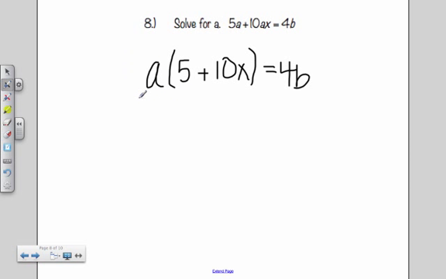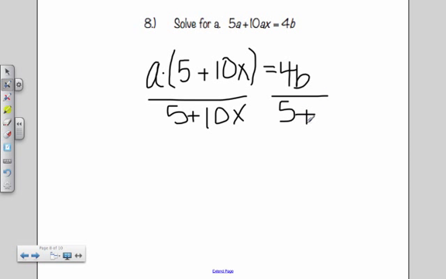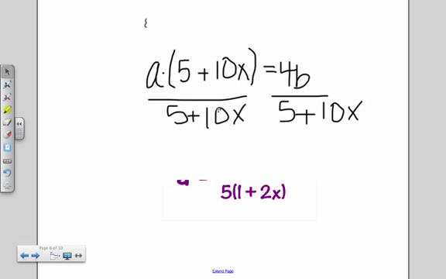Then, to get this a by itself, it's multiplied by this whole entire expression, so I'm going to divide everything by 5 plus 10x. And that means that my final answer will be a equals 4b over 5 plus 10x.